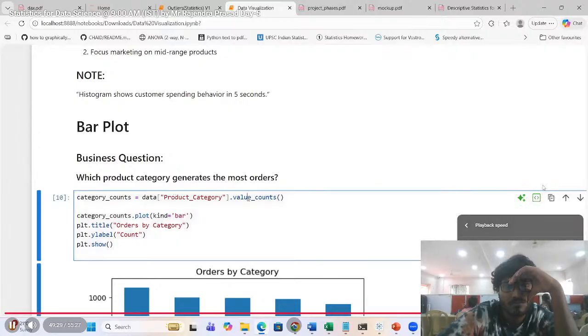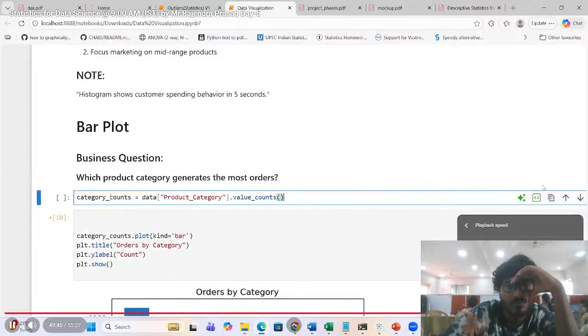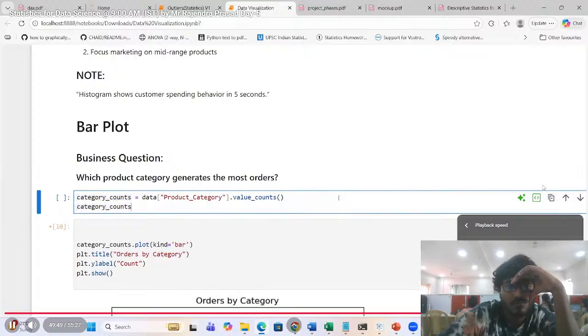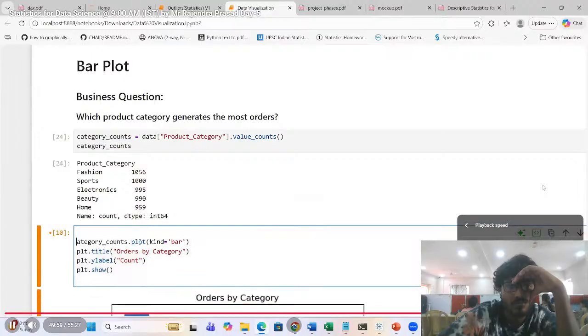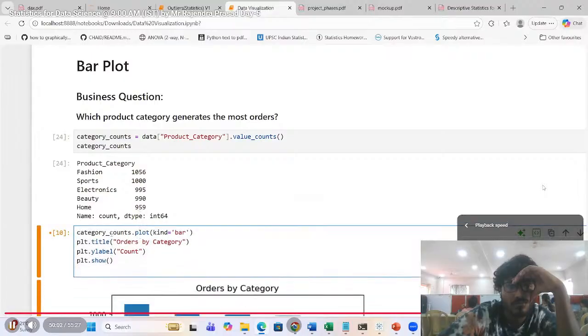How? See, first of all, I said I wanted to create a frequency table. There are two ways: one by using group by, or the other by using value counts. When you use value counts, you get each product category wise frequency, how many times it is appearing. So I pass this data as an input to the function. See guys, in the data frame itself or in the series itself, you have a function called plot.